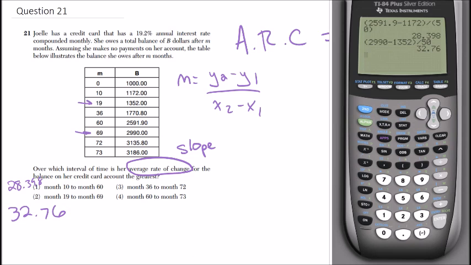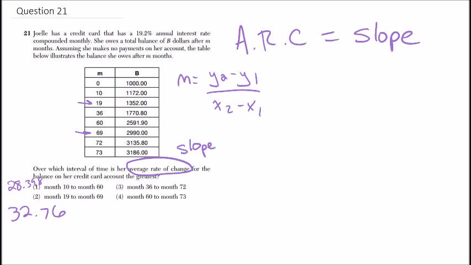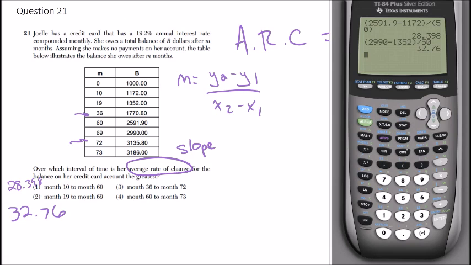Then I go to choice 3 here, from month 36 to 72. If I use those two points, again, I subtract the y values, 3135.8 minus 1770.8, and divide it by, in this case, 72 minus 36, which will be 36.